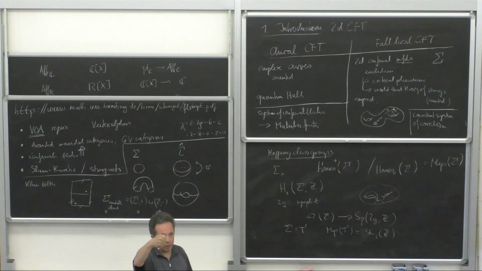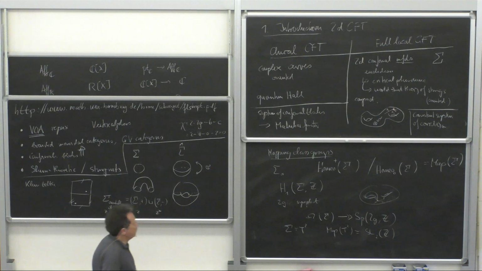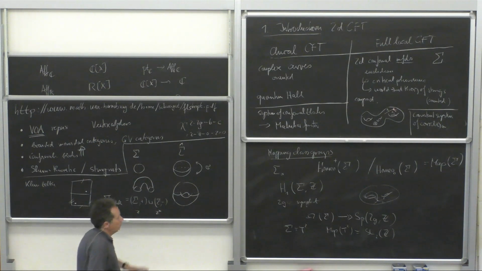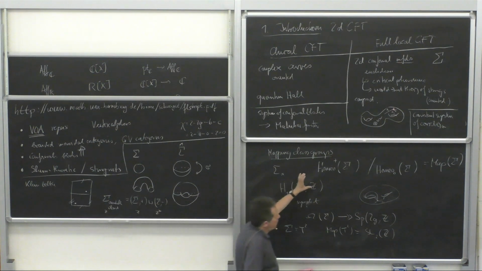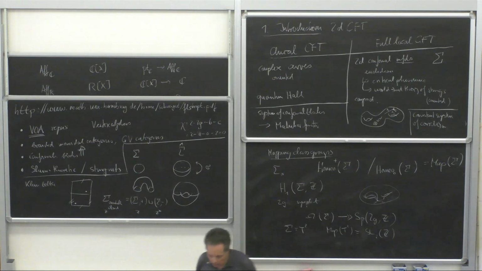You consider R2 as C, and you want that the change between different charts is biholomorphic. And you can do this in various ways. So for CFT, this is a very important feature, that you have different conformal structures on one and the same topological surface.